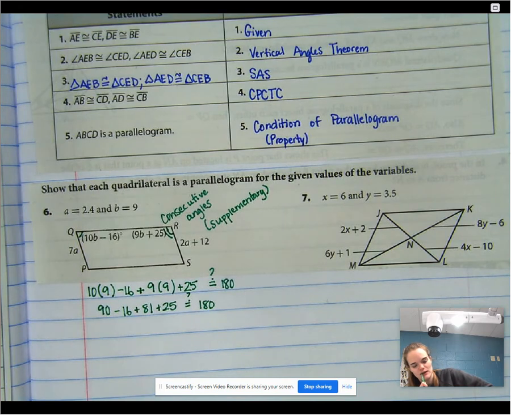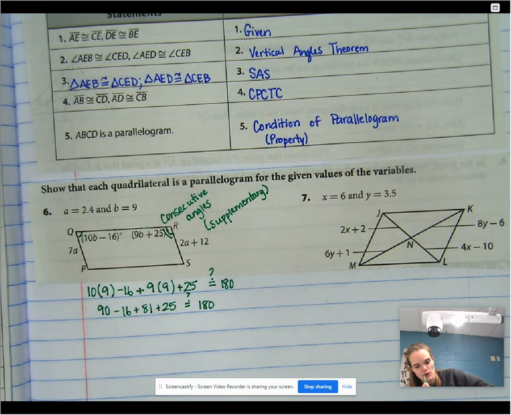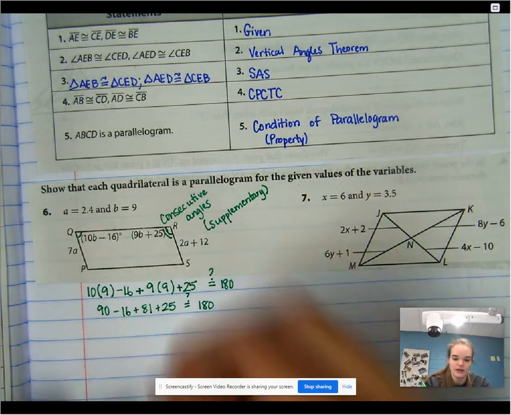90 minus 16 is 74. 74 plus 81 is 155. 155 plus 25 is 180.